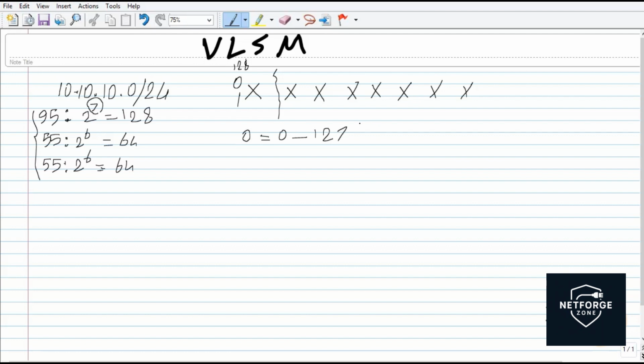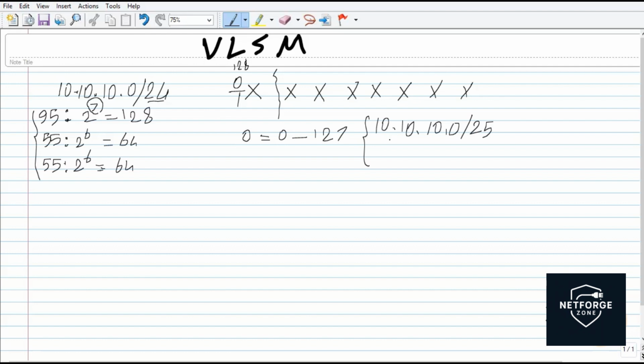So if I want to write the addresses, I write 10.10.10.0, and the mask is /25. That's because we have 24 bits and we are adding 1 to that. That's going to be 25.